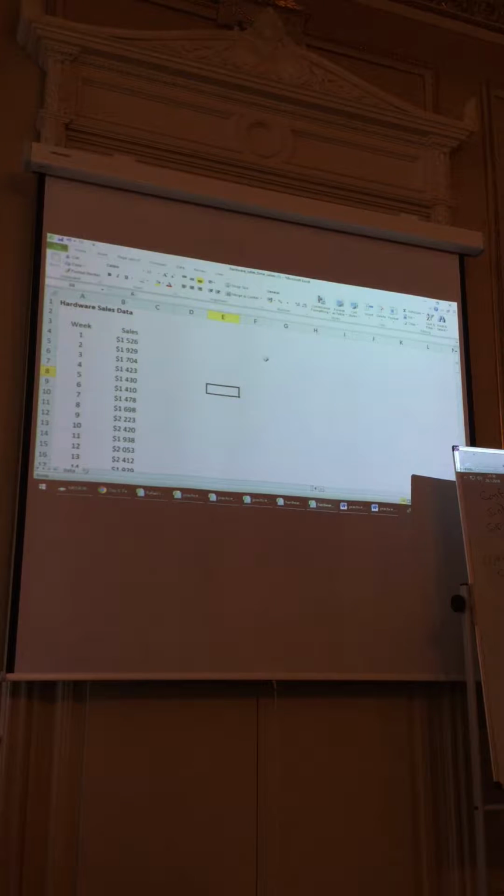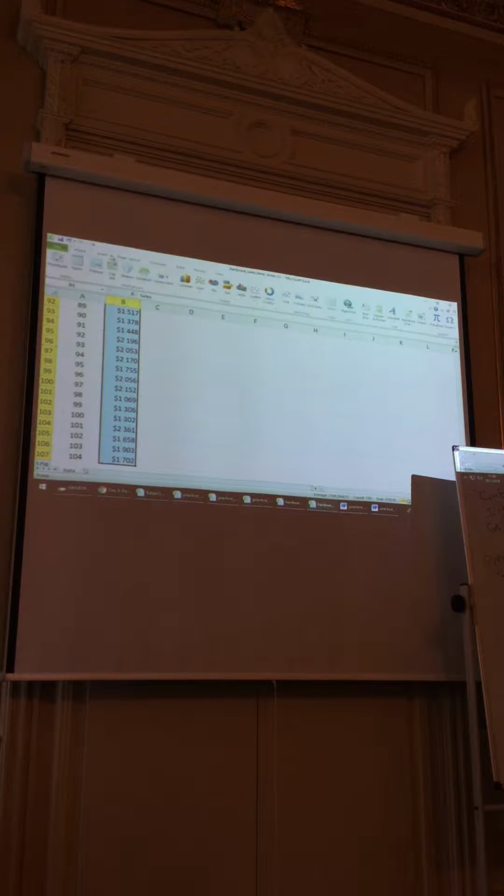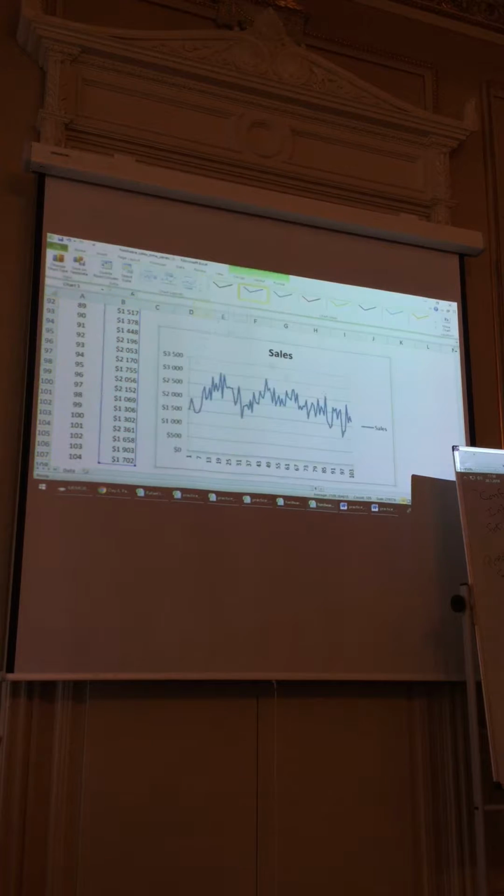If you look at this data in time, if you do the line graph of this data, you will see that it shows neither trend nor seasonality. It's very idiosyncratic in its sales levels.